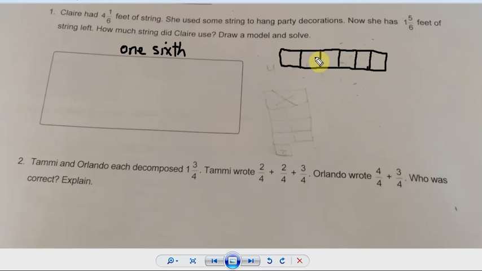So that's 6 equal pieces. So we only want 1/6 of that, which would just be 1/6. So that's what 1/6 means.